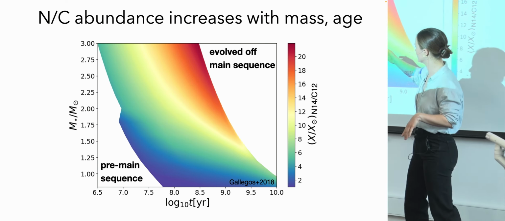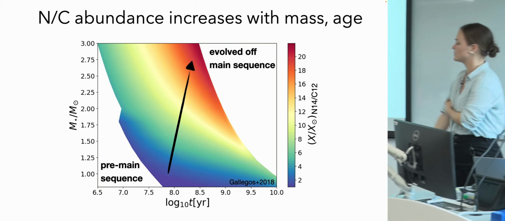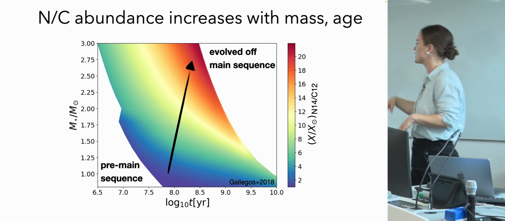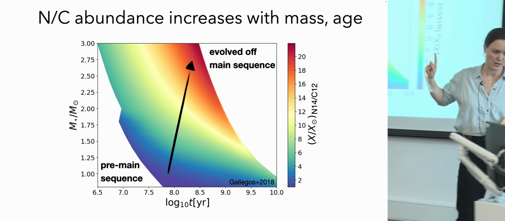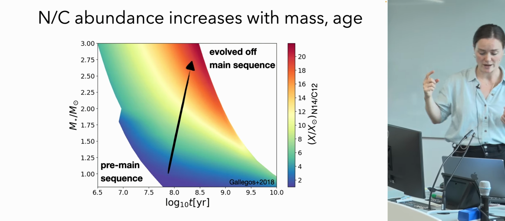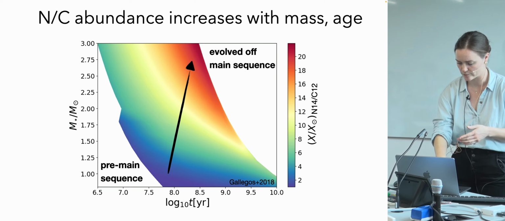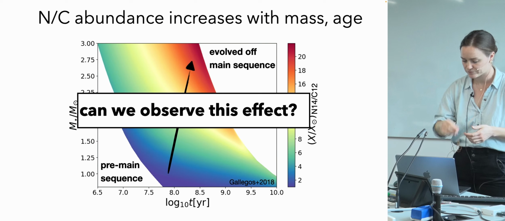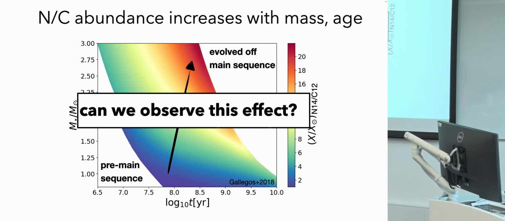As you go from pre-main sequence up to post-main sequence, you're dramatically increasing your nitrogen to carbon ratio. What I'm actually plotting here is the nitrogen to carbon ratio in the fallback rate, so we went a step further than just looking at the star pre-disruption. And we wanted to know if we could actually observe this effect.